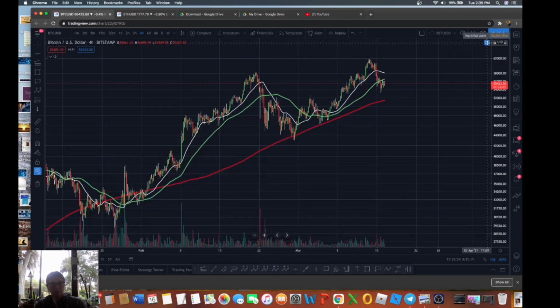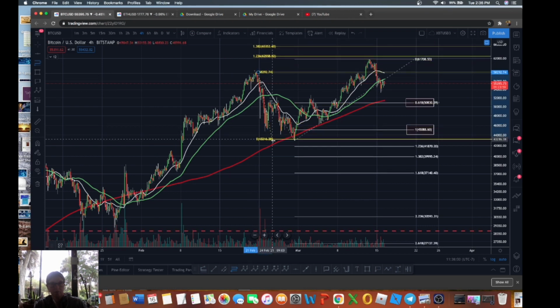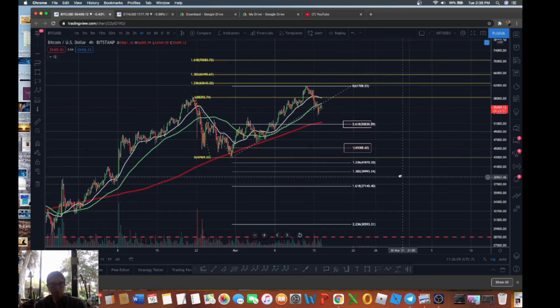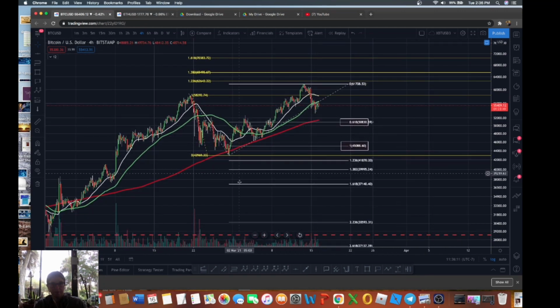In my last video, I talked about the expanded B pocket, and I had a few questions, so I'm going to go over them real quickly. There are 2 types of flats that break the A wave, break the top of it.